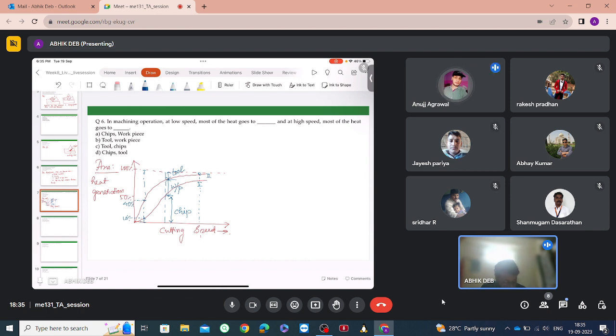See, the chip is carrying this 10% of the heat, the workpiece in this region is carrying 40 minus 10, that is 30% heat, and the tool is carrying 100 minus 40, that is 60% of the heat. So which one is carrying the maximum? The tool is carrying the maximum heat. How is it that the workpiece is carrying more than 50%?